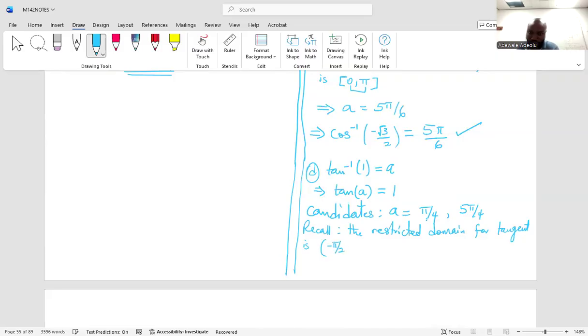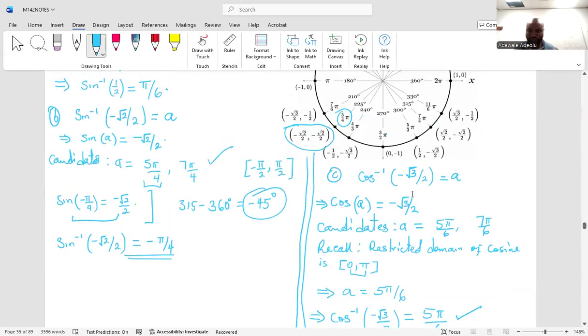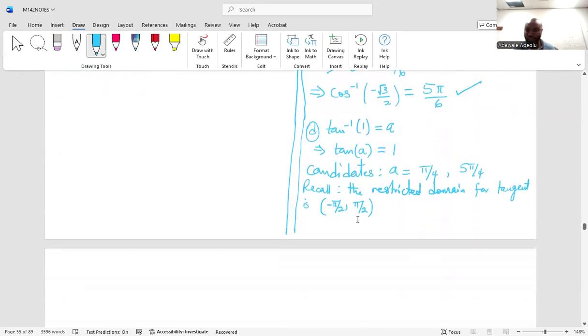Negative pi over 2 to pi over 2. Open. You know why it is open. You should know that as a consumer of mathematics. And here I used closed, right? You should know why here is open. I talked about it earlier.